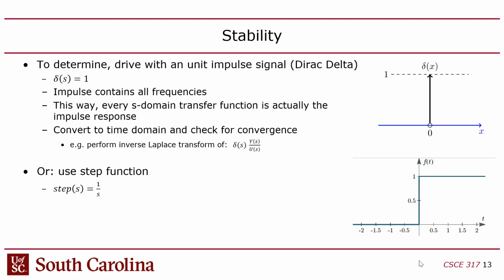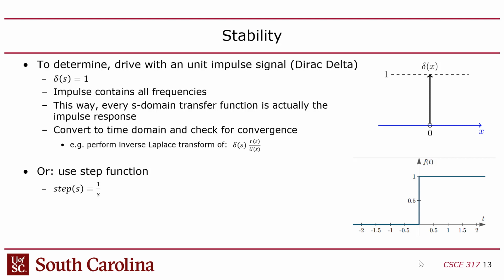Okay, so let me talk a little bit more. This is called, by the way, the impulse. Sorry, not the step, the impulse. The impulse is called the Dirac delta. I don't know why it's called that, but it's a function that's 1 at time 0 and 0 everywhere else, right? And as I mentioned, the S-domain representation of that is a 1.